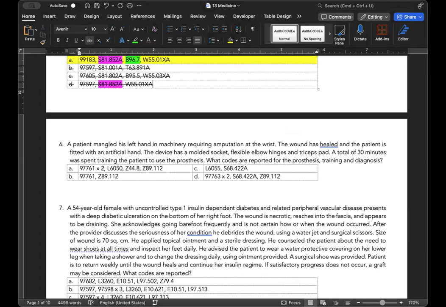So let's look at this from a CPT medicine section. Okay. So let's look at 97761 because that's in 2 of our options. So we know that's more than likely correct, but we never want to just automatically assume. We always want to go verify that code.